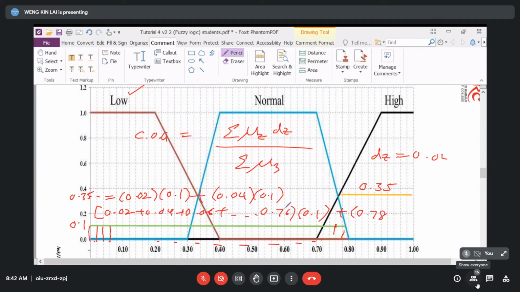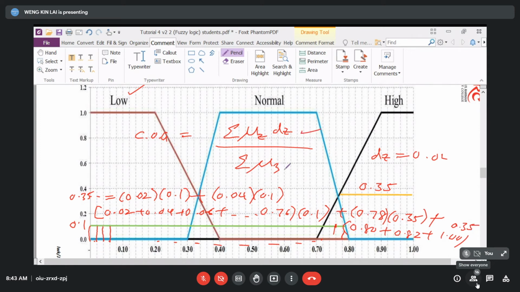My next sample after 0.76, multiply by 0.35. Then I can do the same thing, which is 0.80 plus 0.82 until 1.00 multiplied by 0.35. That is your numerator, this part.